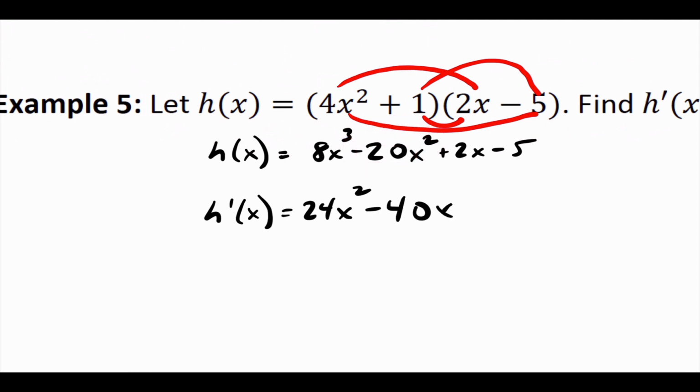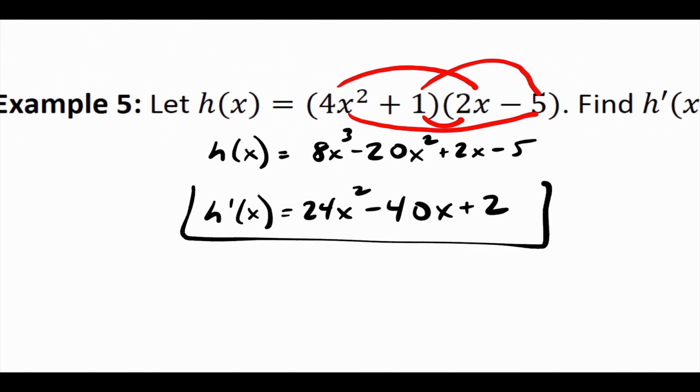Subtract 1 power. 1 times 2 is just 2. Subtract a power, so it loses an x. Negative 5, the derivative of just negative 5 is 0. Done.